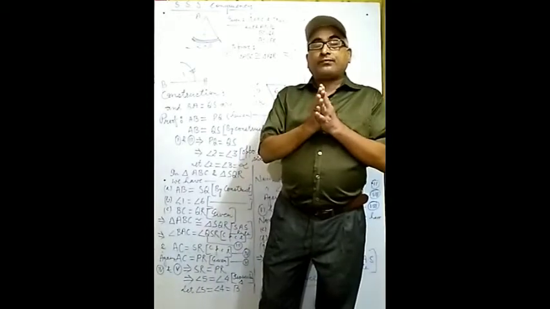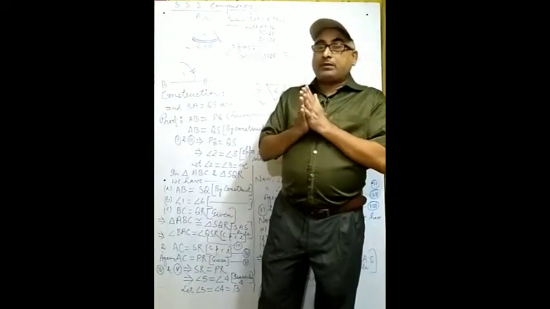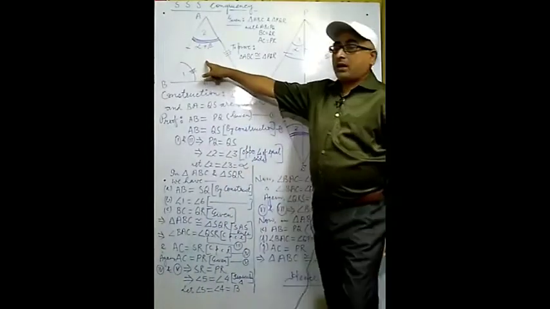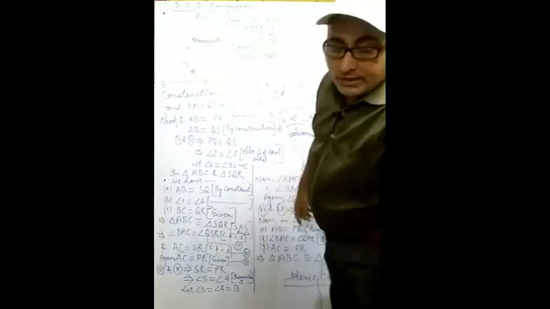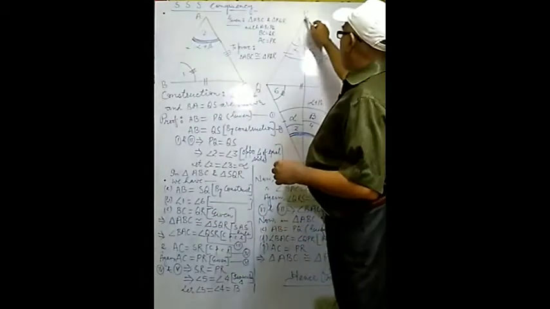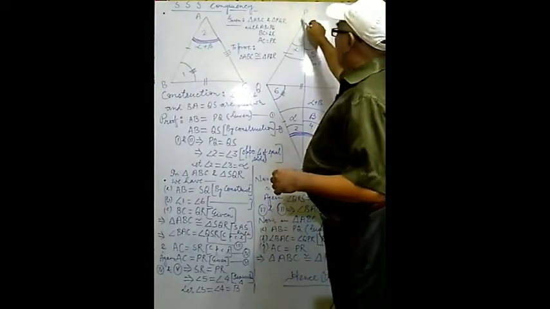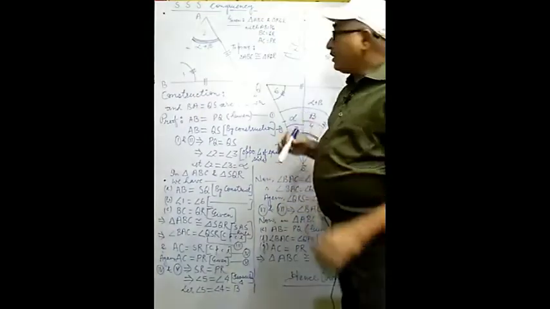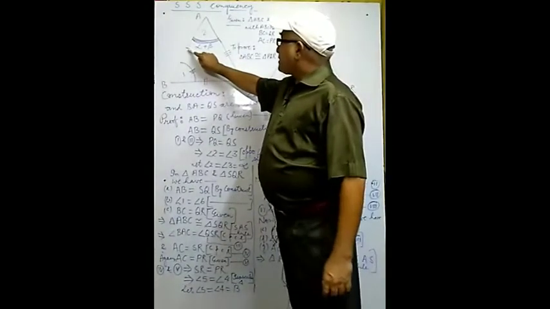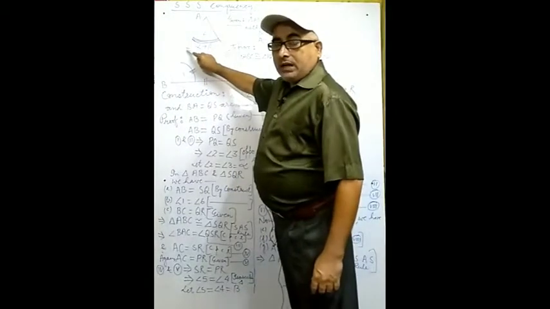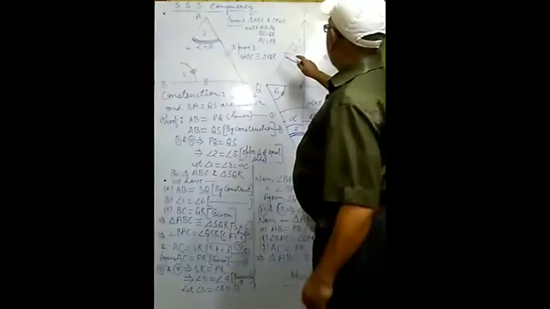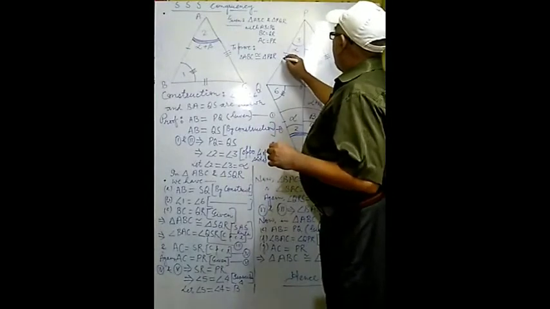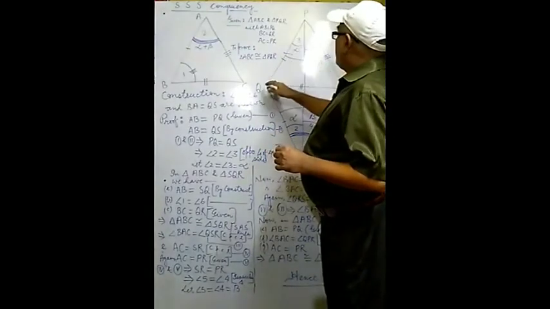So what parts are given? Two triangles are there, triangle ABC and the second triangle, triangle PQR. Again, what is given? Side AB of triangle ABC is equal to PQ of the second triangle.